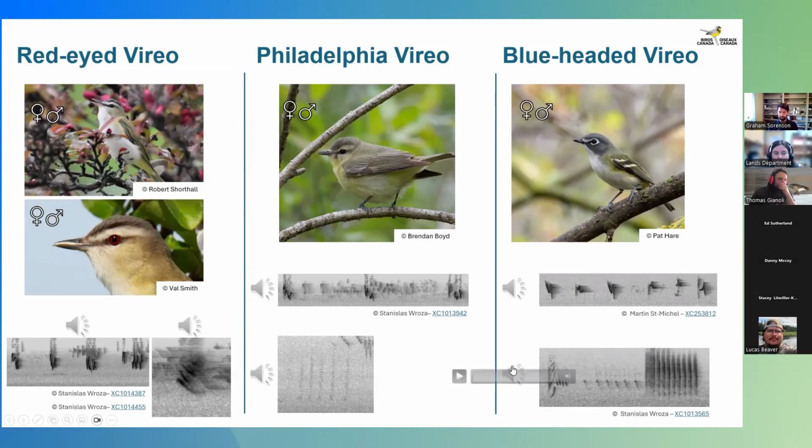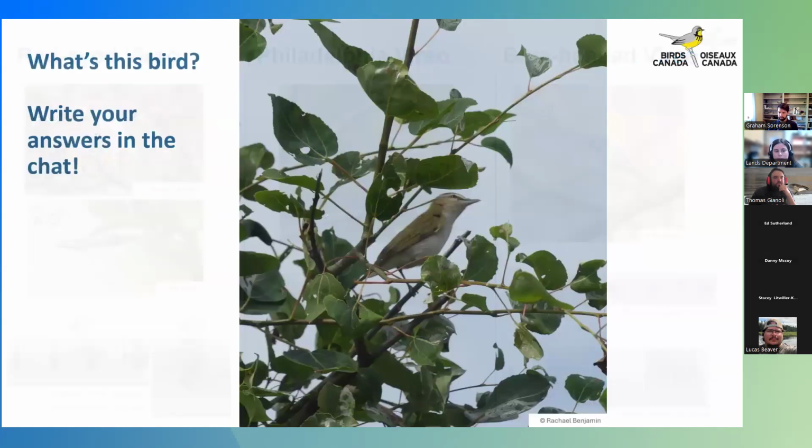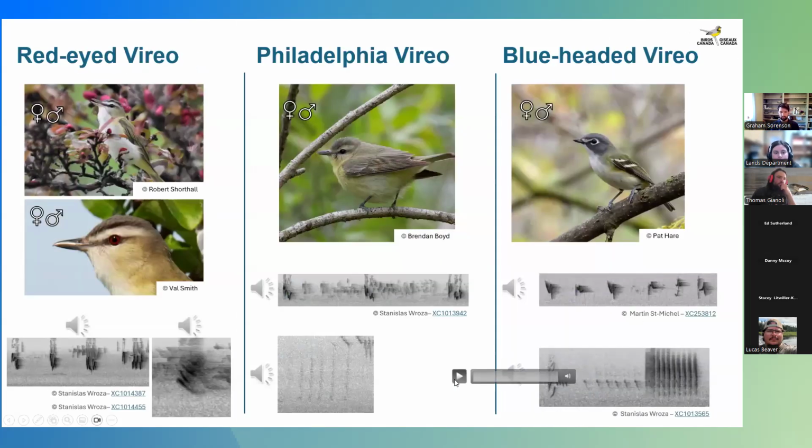And then the blue-headed vireo, I feel that it's like laughing right at you. Again, like this. So yeah, I feel that if you hear a bird that is laughing at you, it's probably a blue-headed vireo that is doing that.